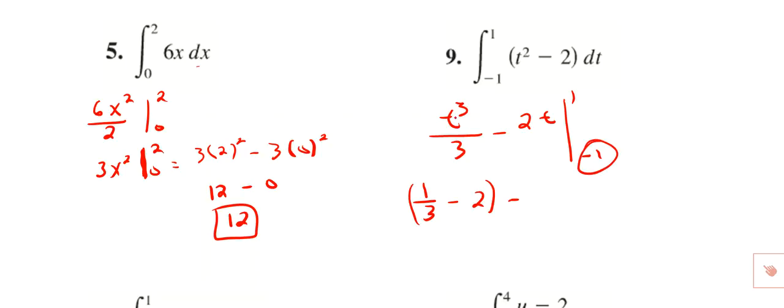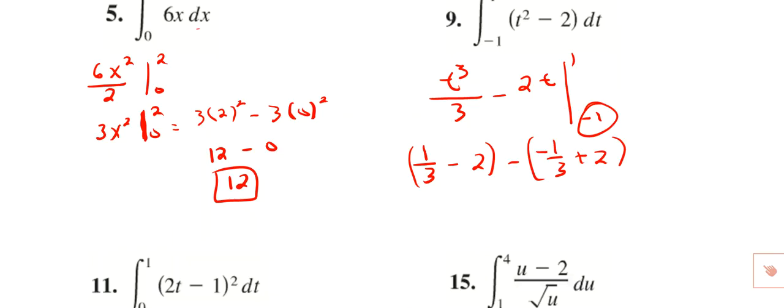Negative 1 to the third power is negative 1/3, minus 2 times negative 1 gives us plus 2. So now we have 1/3 minus 2, minus negative, makes plus 1/3 minus 2.